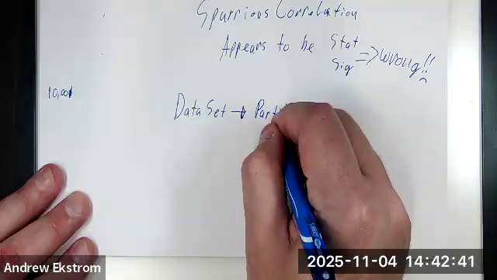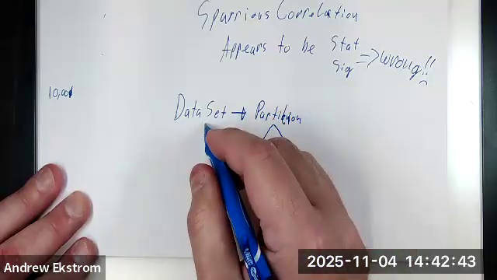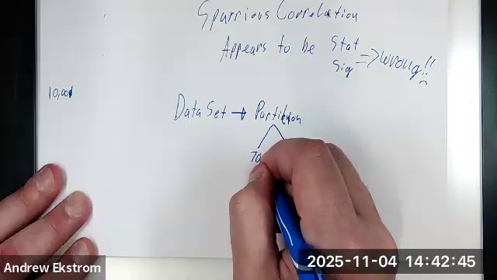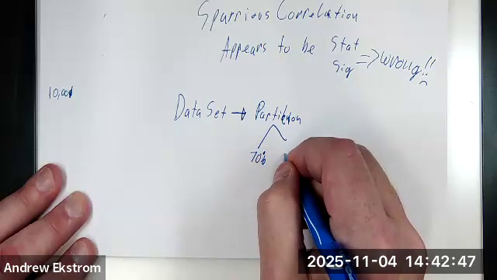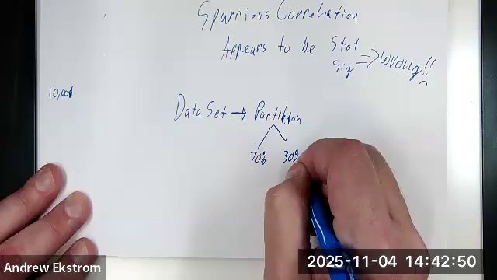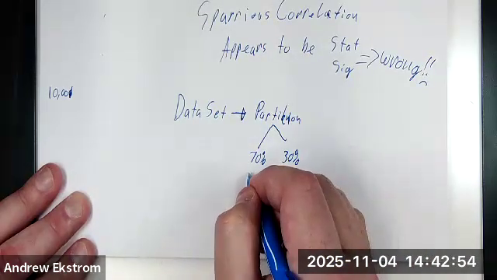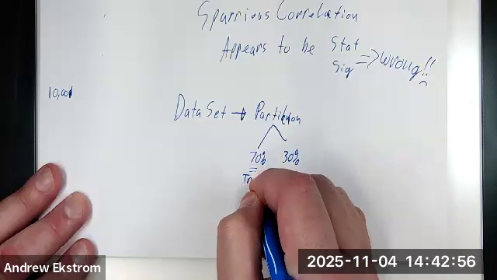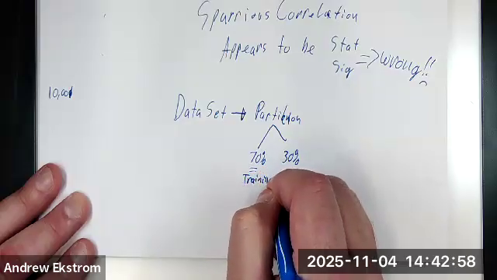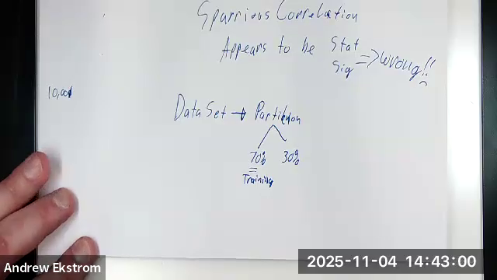We're going to break the total data set into two different groups, say 70% and 30%. 70% of the data is going to be called training.